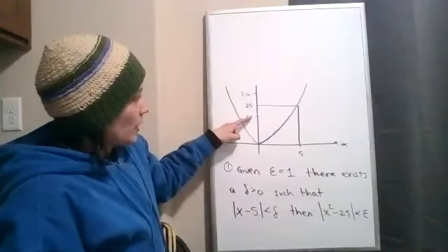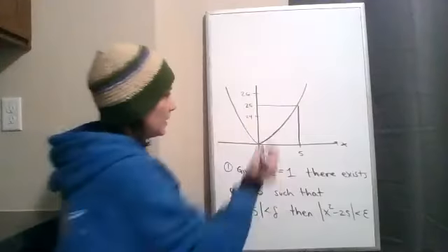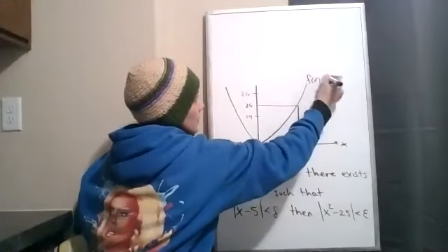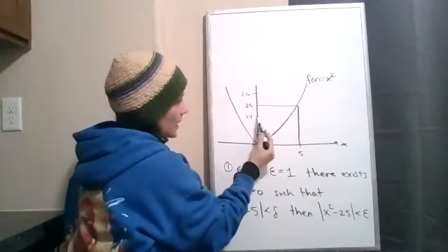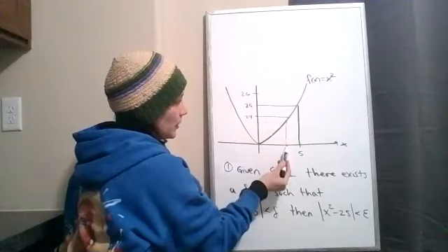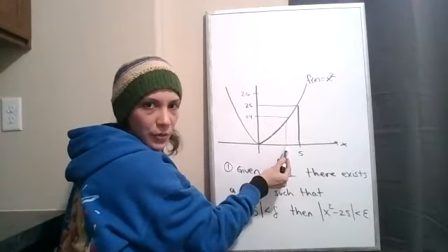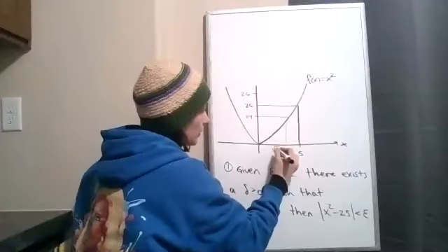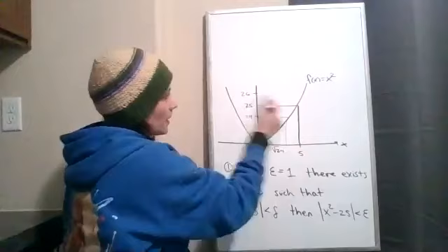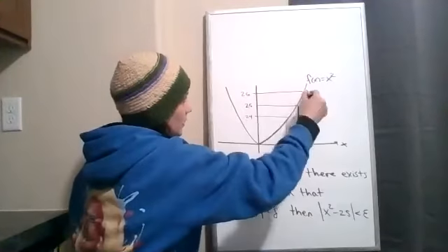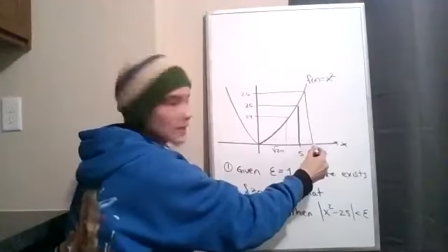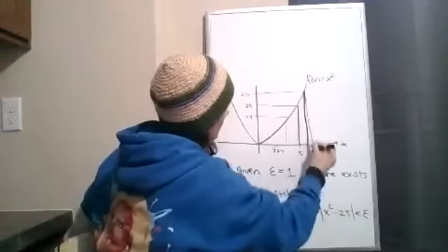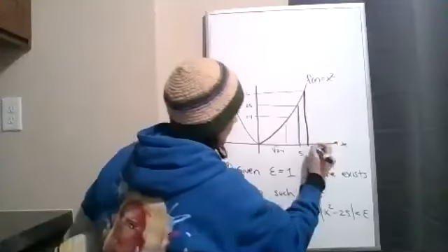All right, so we're going to get the input that gave us an output of 24, so the root of 24. And this x value was the root of 26.